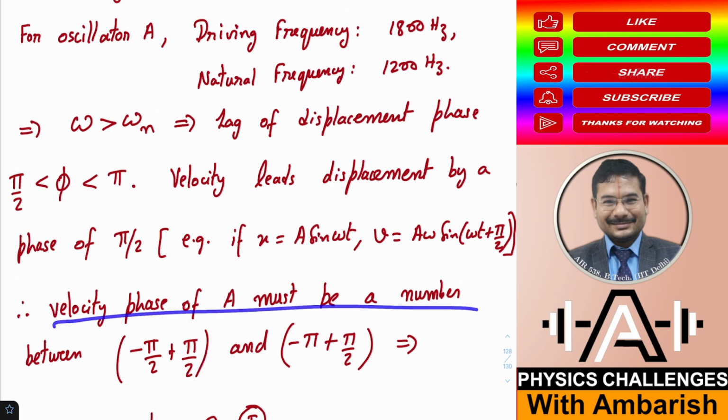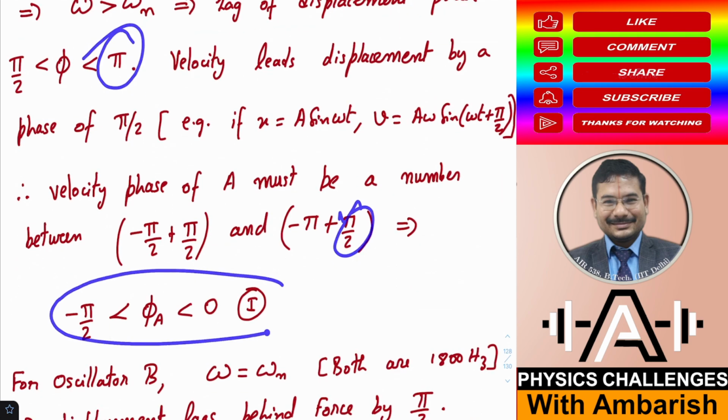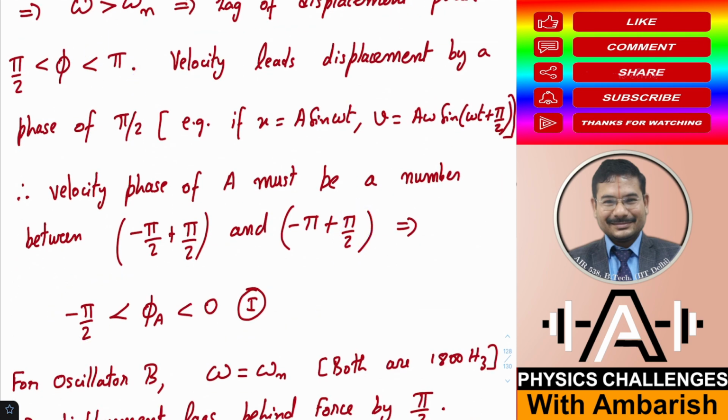So velocity phase of A must lie between minus pi by 2 plus pi by 2, that is 0, and minus pi plus pi by 2, that is minus pi by 2. So the velocity phase must be somewhere between minus pi by 2 and 0. Okay, so that is for oscillator A.